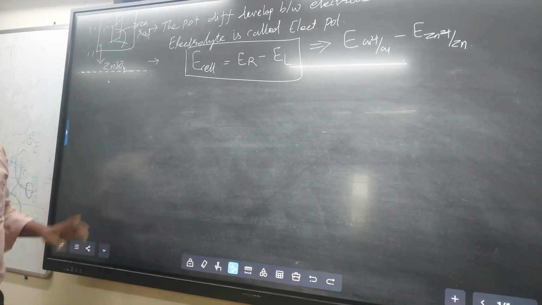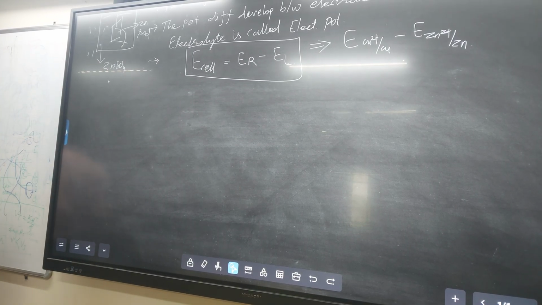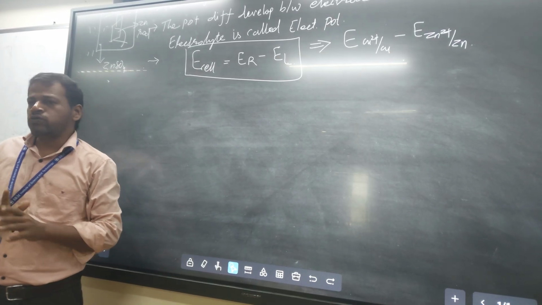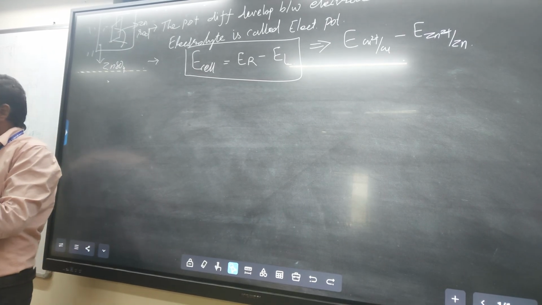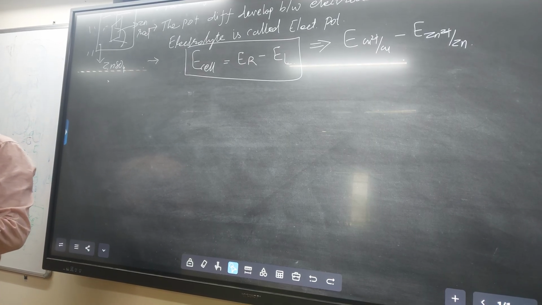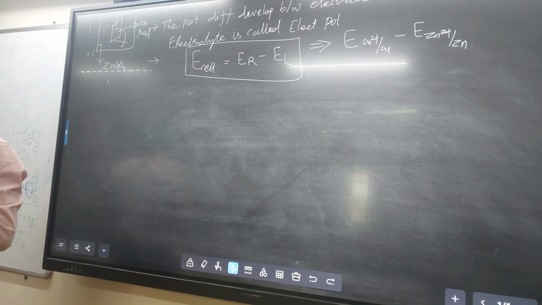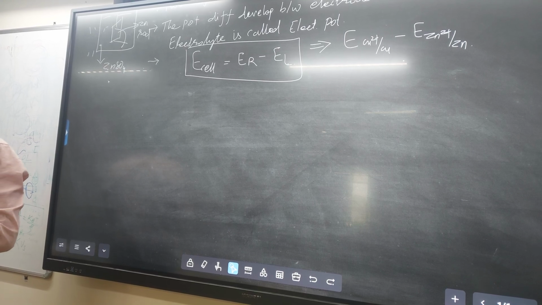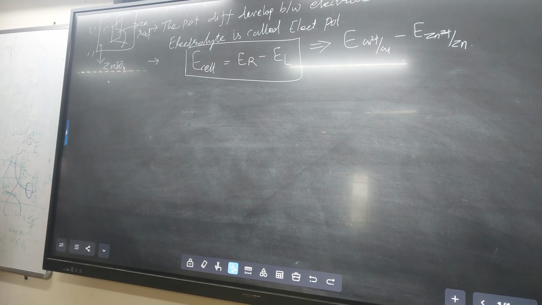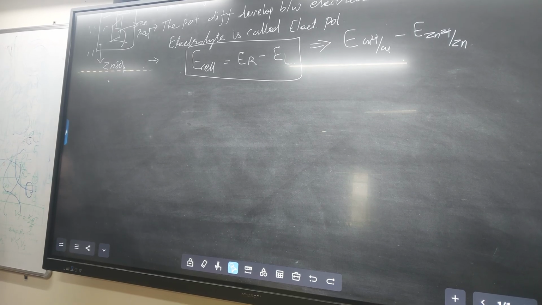Normally the half cell potential, the potential of an individual cell, we should not measure. Always we connect that zinc electrode to the standard hydrogen electrode, and only then can we calculate the reduction potential of that half cell. So the individual cell potential we should not measure, hence we connect the standard hydrogen electrode, then we can find the reduction potential of the second half cell.